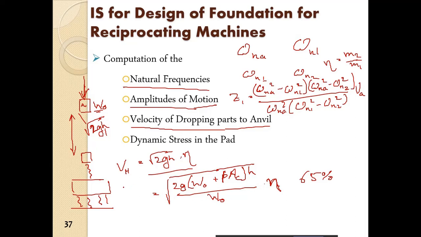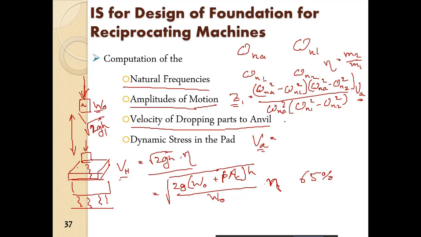Due to the absorbing properties of the elastic pad, some amount of energy is absorbed by the pad itself. So we introduce a coefficient of elastic restitution. We have VA, which we will use to calculate the maximum amplitude of motion.